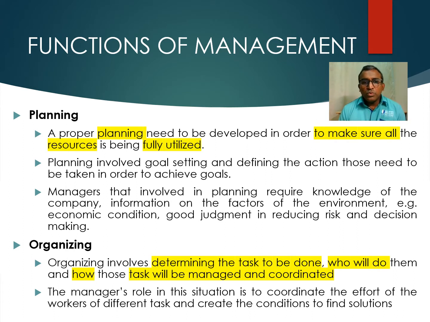They look into making sure all resources that already exist in the company, or are to be acquired, are planned and fully utilized rather than having a gap in any of the resources. Okay, and then they also organize. They look into what all the tasks to be done are, who will do them, and how to go about and accomplish them. That's the function of the management group.